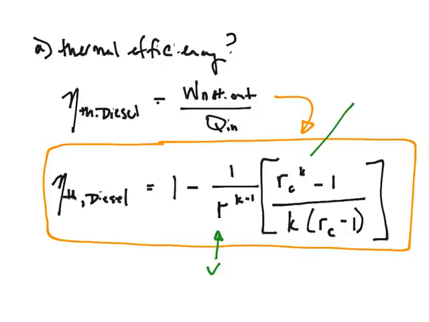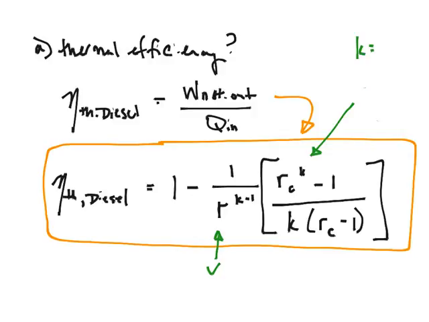We have K, which is the ratio of Cp to Cv, or ratio of our specific heats. So K equals Cp over Cv, which we can get from property tables. Let me rewrite all of that.